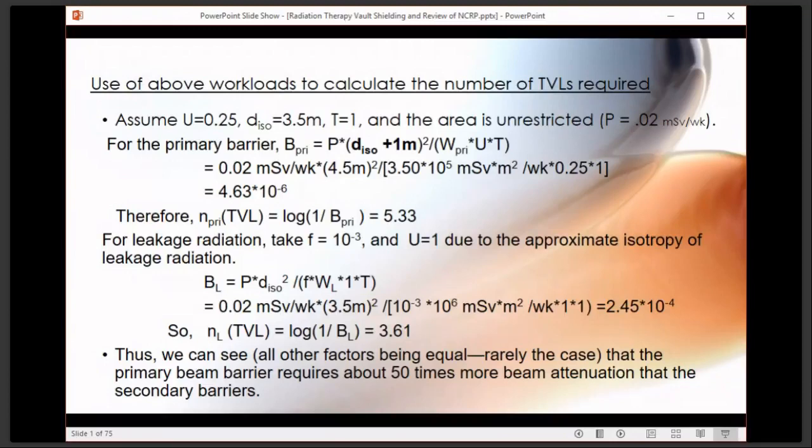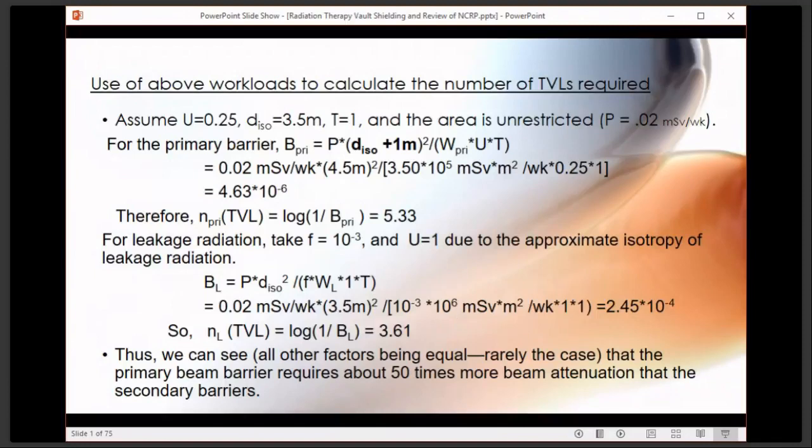For the leakage radiation, plugging into our formula and using U equals 1, we get 2.45 times 10 to the minus 4 for our maximum barrier transmission factor, and 3.61 as the minimum number of TVLs.